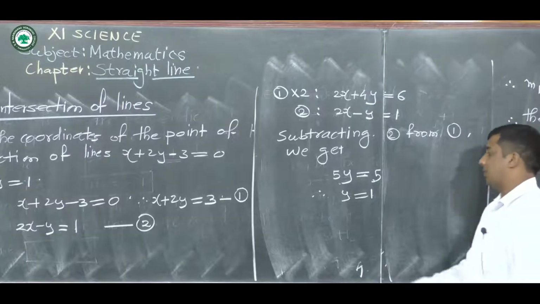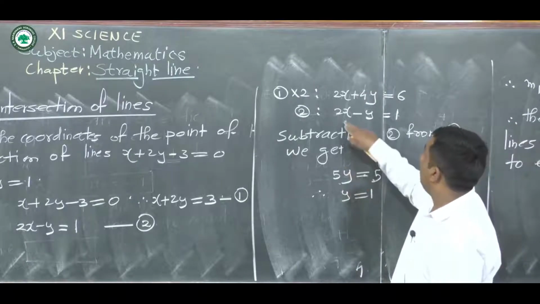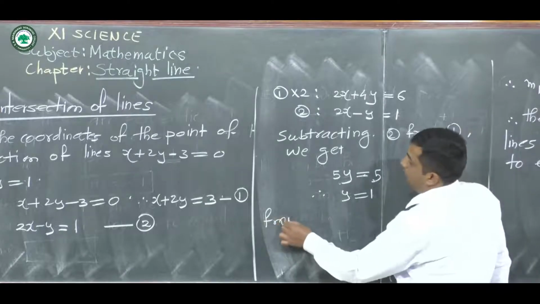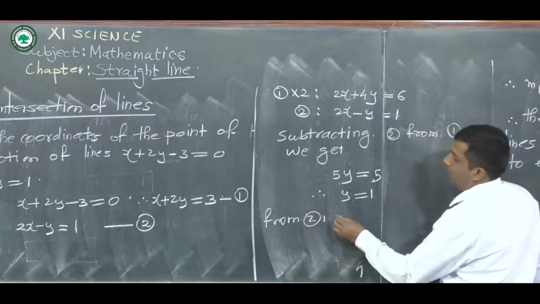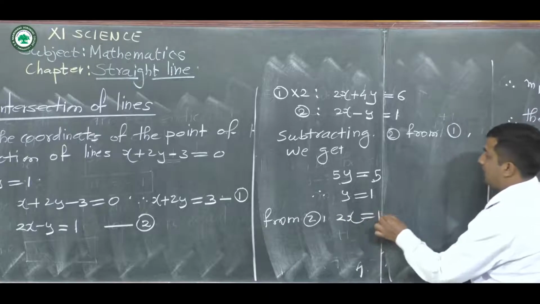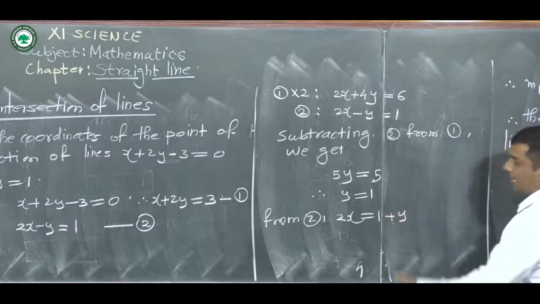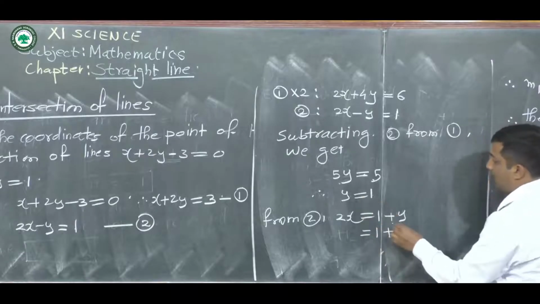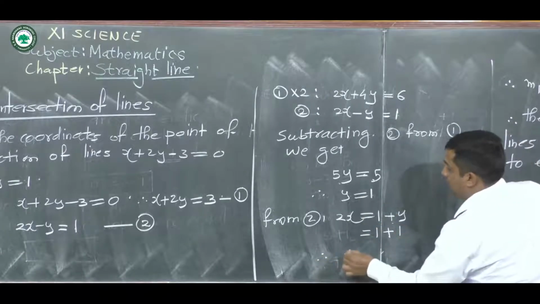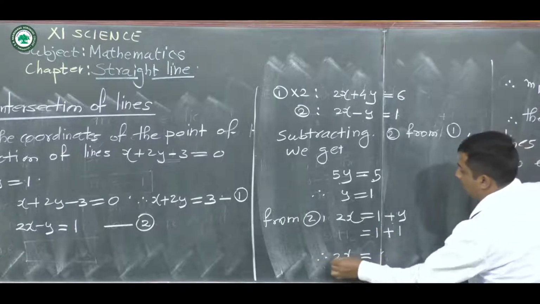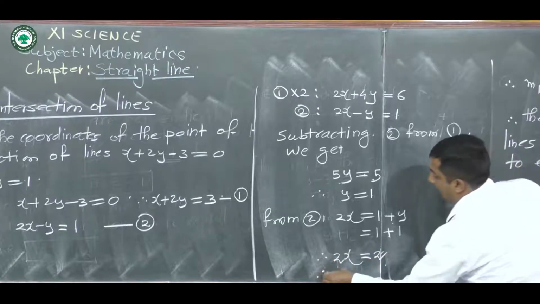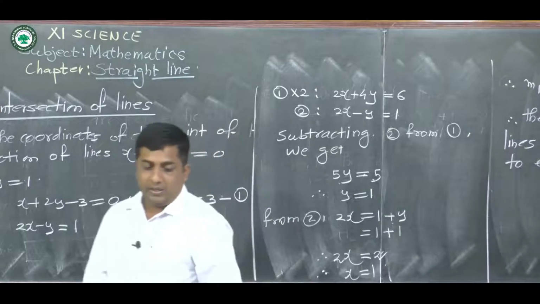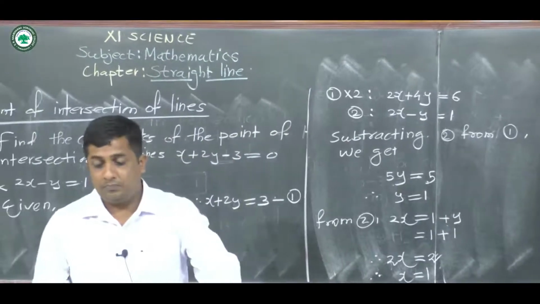Let's put the value of y in the second equation to find x. So from 2, we get 2x is 1 plus y. And this is equal to 1 plus, we know y is 1, therefore this 2x is equal to 2, and in last we get x as 1.